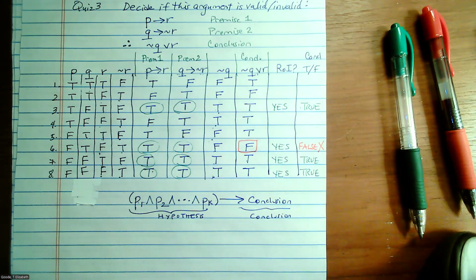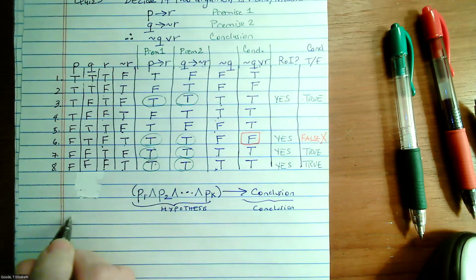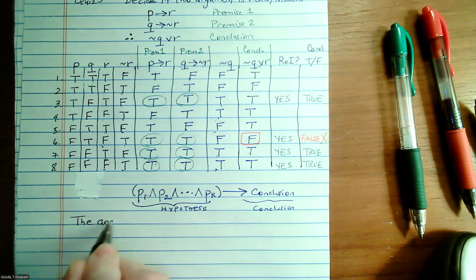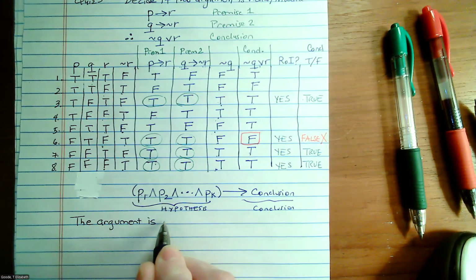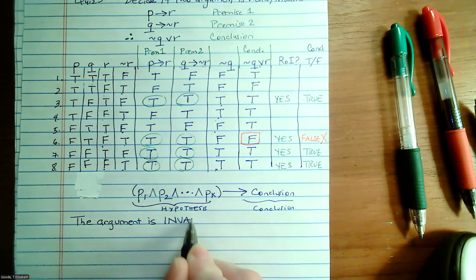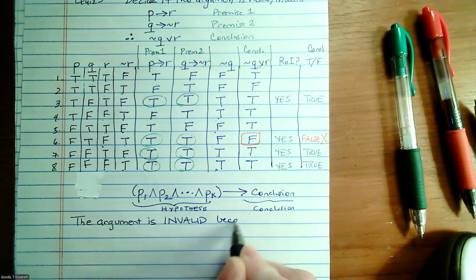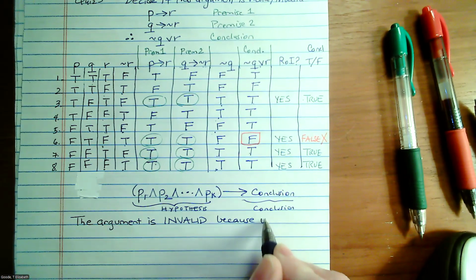So what do we decide? Now we're executing step 4. We're deciding the argument is, you tell me. The argument is invalid, because the row of interest, row 6, has a false conclusion. Good. Be specific.